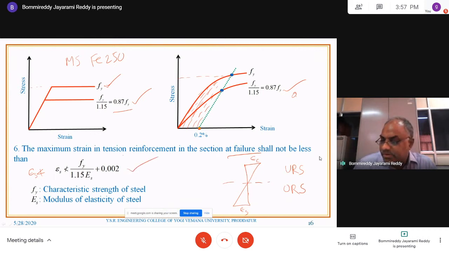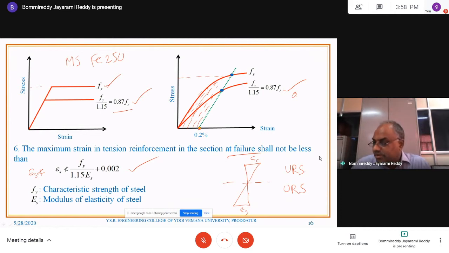Why is this assumption considered? Because when the strain is not less than this value, the ductility of the whole section will be more. Because of providing the ductility, the failure is always associated with the steel reinforcement.